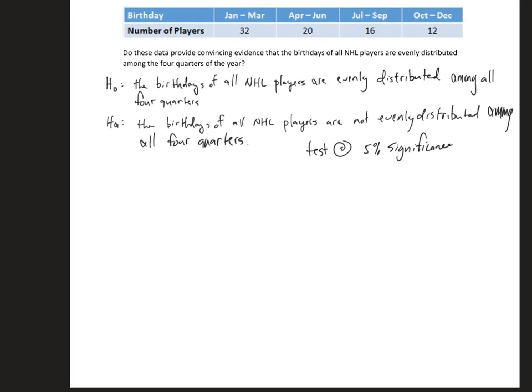I'm going to check out the assumptions. It says a simple random sample of 80 NHL players was taken. Alright, I need to calculate the expected counts. So we had 80 and we had 4 quarters. So 80 divided by 4 is 20. So I need to make this expected column. We're going to have 20, 20, 20, and 20.